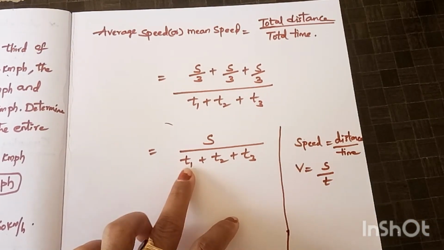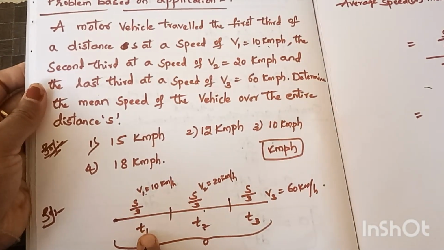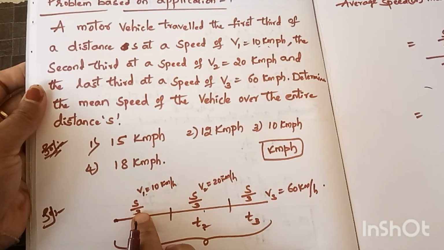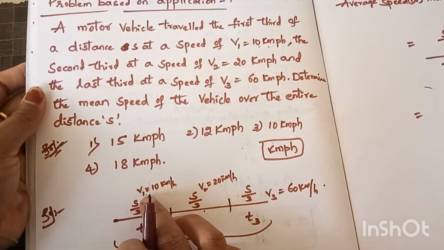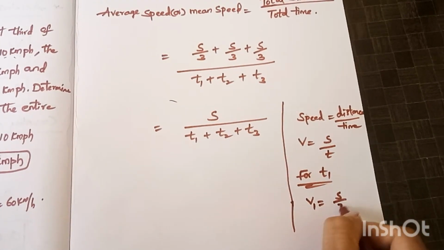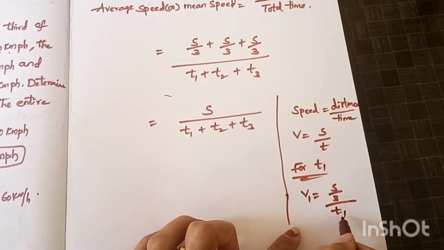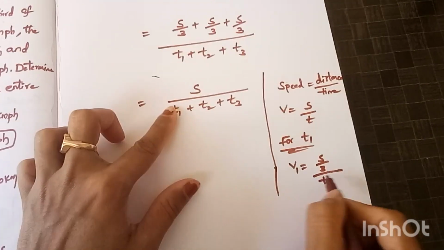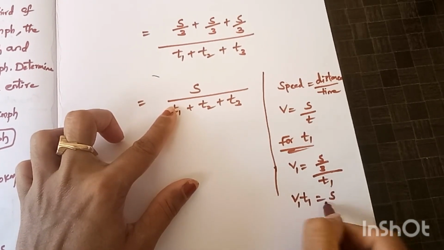But we want t1. For t1, the distance is s by 3 and the speed is v1. So v1 equals s by 3 by t1. We want the t1 value to substitute here, so send t1 to the left-hand side: v1 t1 equals s by 3.